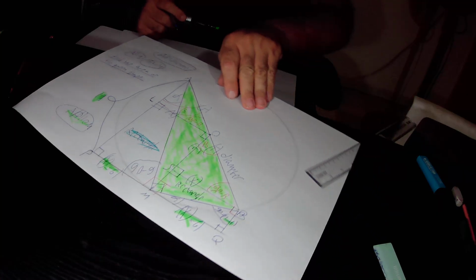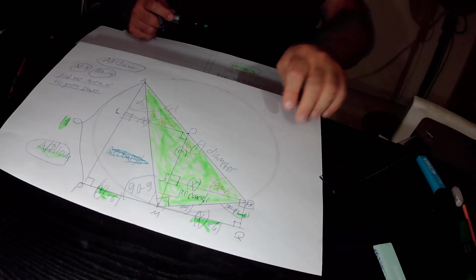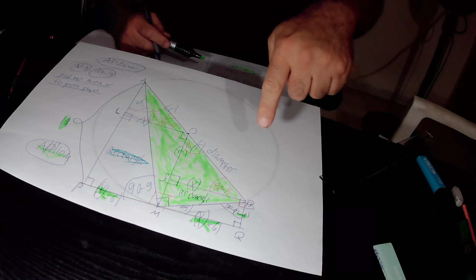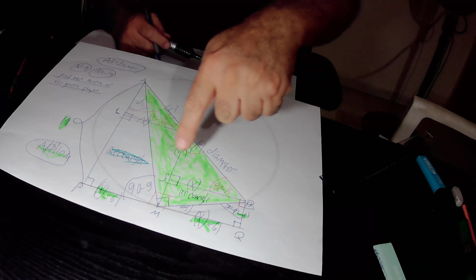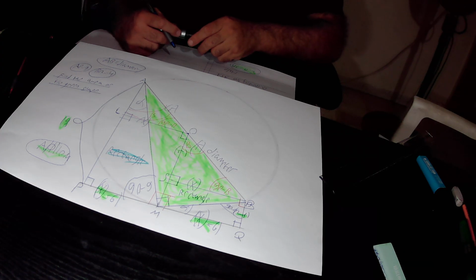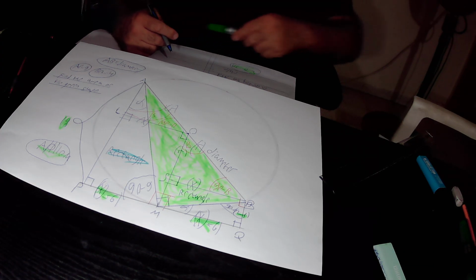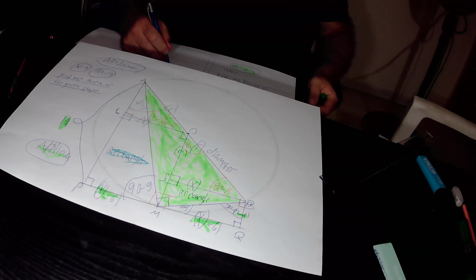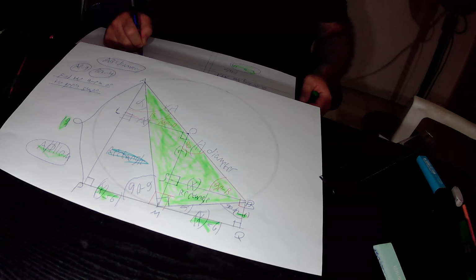In the next step, we will implement the Pythagoras theorem on this small right triangle BMQ. According to the Pythagoras theorem, in any right triangle, the square of the hypotenuse equals the sum of the squares of the perpendiculars. Here PT is the abbreviation for Pythagoras theorem.